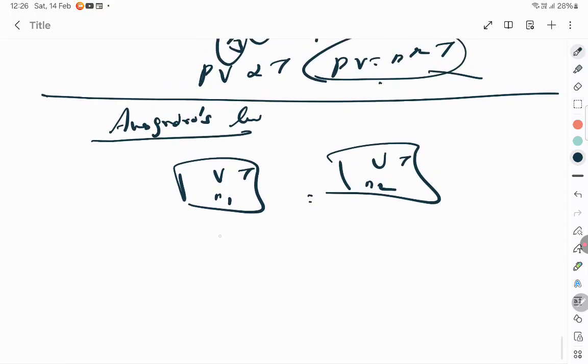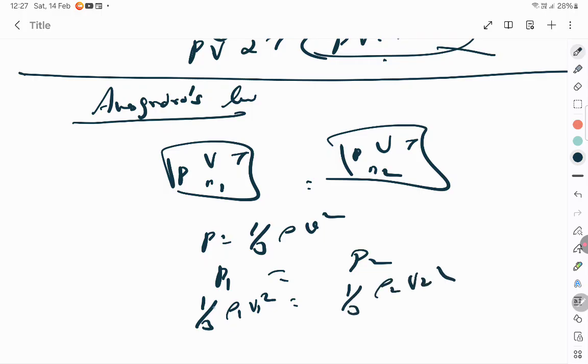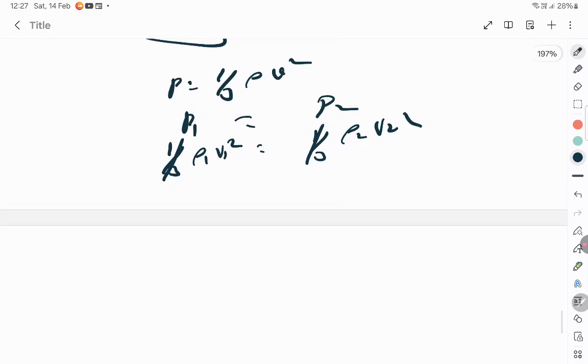You have to prove it using, again, P is equal to 1 by 3 rho V square. Such a beauty. But here, you're going to write that both of them are kept at constant pressure also. So pressure is also the same, P1 is equal to P2. So 1 by 3 rho 1 V1 square is equal to 1 by 3 rho 2 V2 square. 1 by 3 gets cancelled. And density is mass by volume. So can I write m1 by v1 into velocity 1 square is equal to m2 by v2 into velocity 2 whole square.